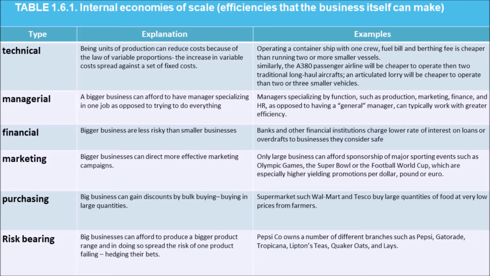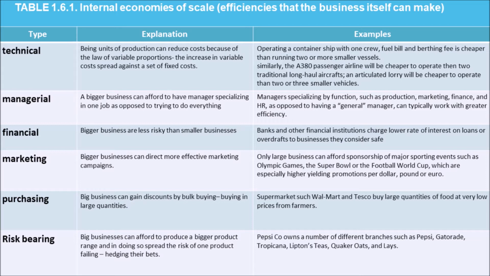Table 1.6.1 shows the internal economies of scale, efficiencies that the business itself can make. 1. Technical. Bigger units of production can reduce costs because of the law of variable proportions.